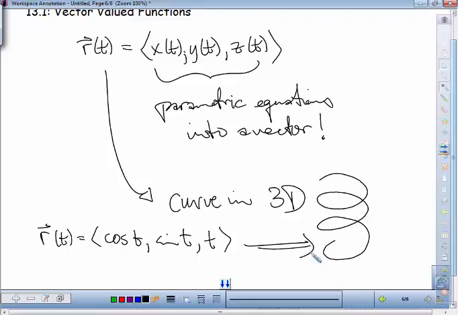And so you have the most famous three-dimensional curve called the, anybody know what it's called? Spiral. It is a spiral. Helix. This is called a helix.